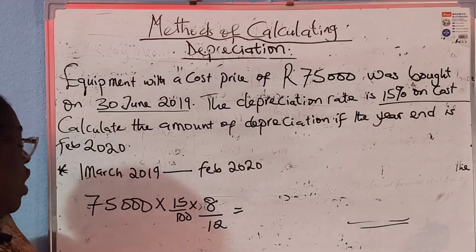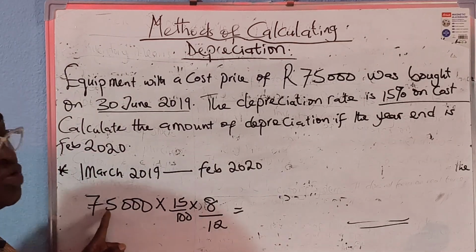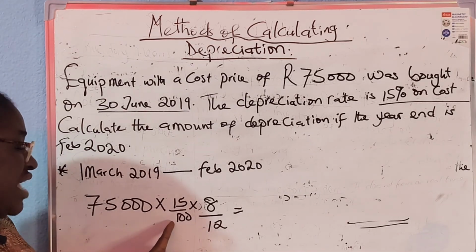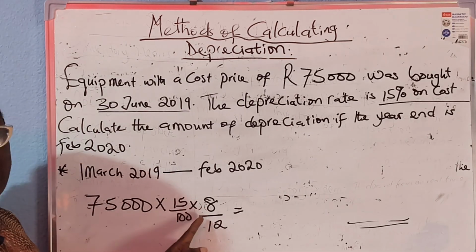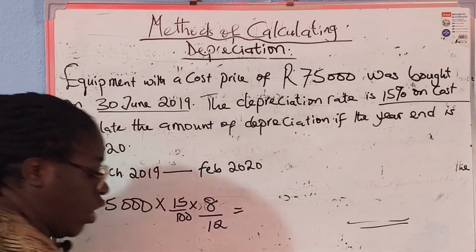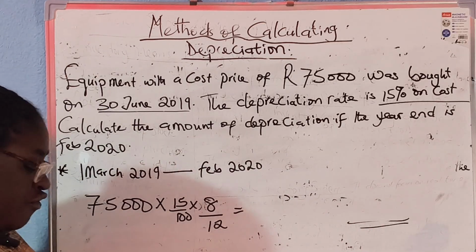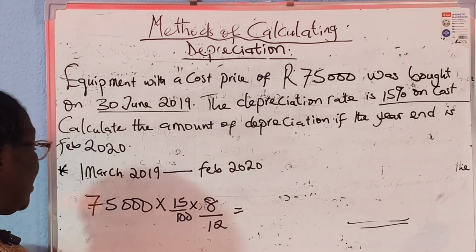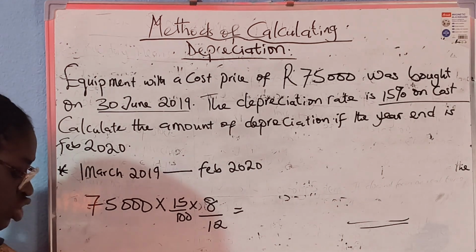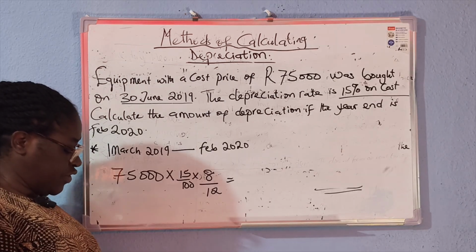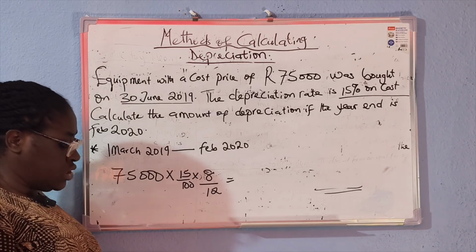I come again. We bought the asset for 75,000. The depreciation rate on cost is 15%, but we only use this asset for 8 months out of 12 months. So let's calculate the value of depreciation. I will say 75,000 times 15 over 100.